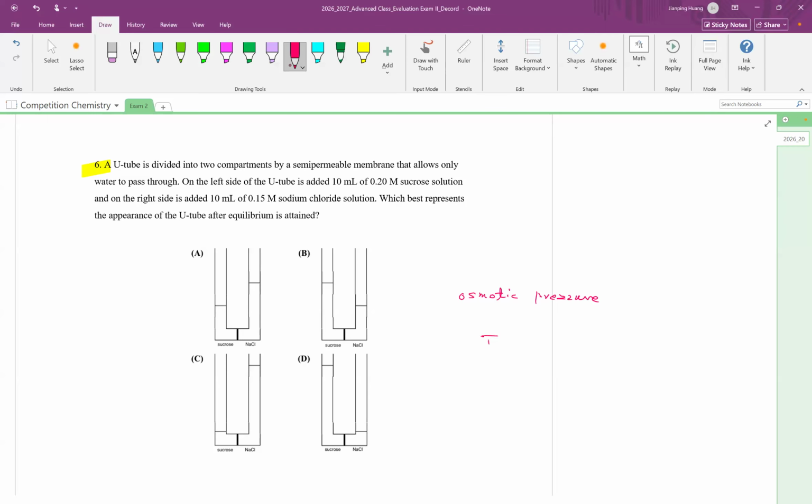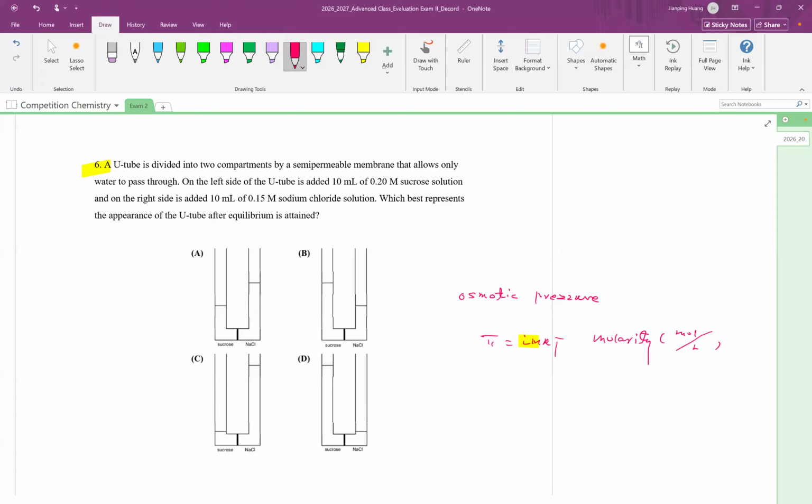Osmotic pressure uses pi equals iMRT. Remember, M is molarity, moles per liter. For freezing point depression and boiling point elevation it is the small m, which is called molality. This is molarity, right? So basically, you look at these two.